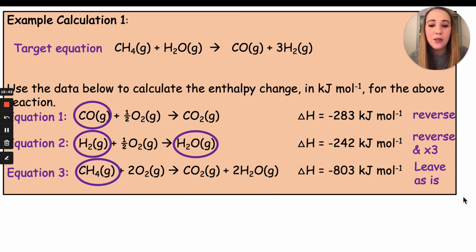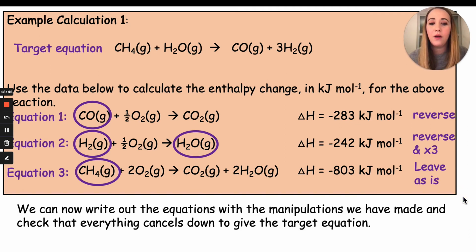Okay, so now that we've looked at our equations and we've thought about how we're going to change them and how we're going to change the delta H values with them, the first bit of our main working is writing out these changes that we've made. So we're going to take each of our equations and rewrite them with the changes that we've made and recalculate the delta H values.